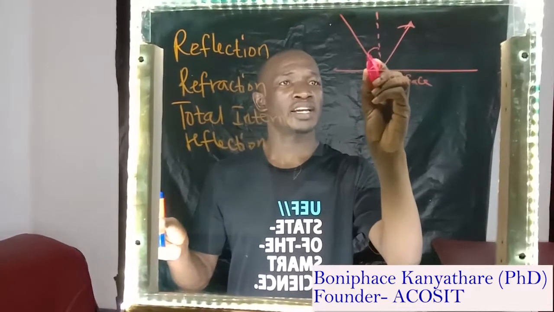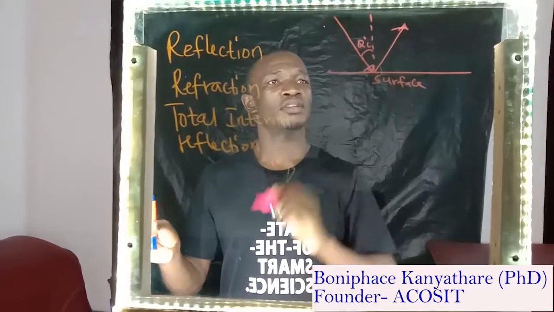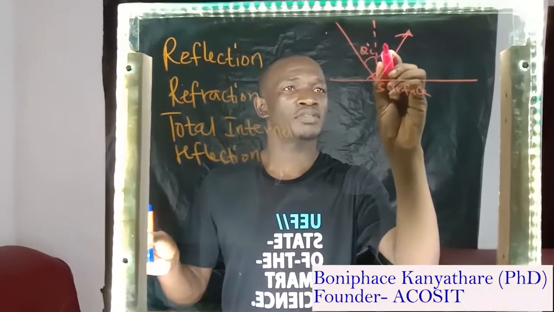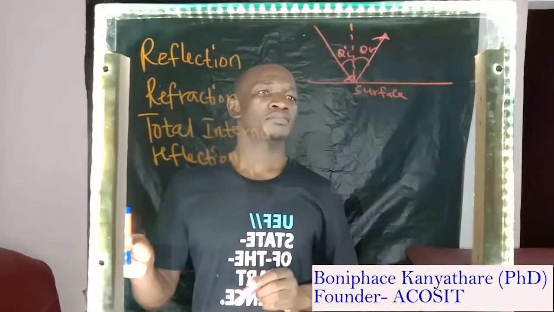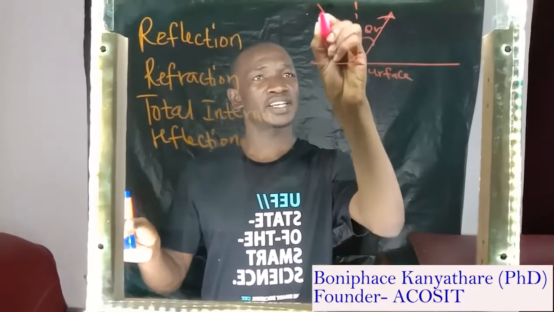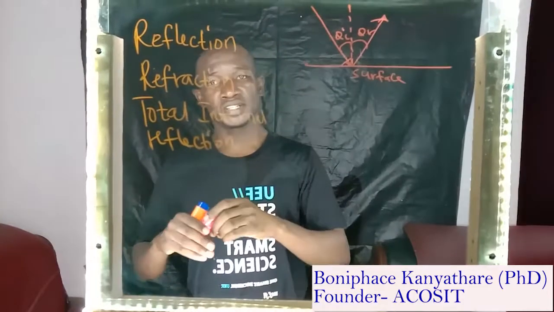So we can have an angle here called the angle of incidence, another angle here which we call angle of reflection. This is our normal, this is the incident ray, while this is the reflected ray.